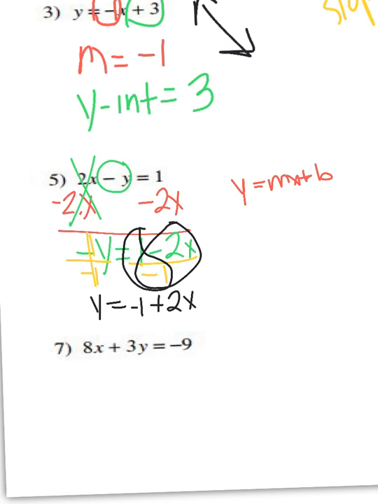Now, this isn't in slope-intercept form yet because I need this part to be in front of this part. So I have -1 and positive 2x. This is actually y equals 2x, and then I still have this -1 right here.